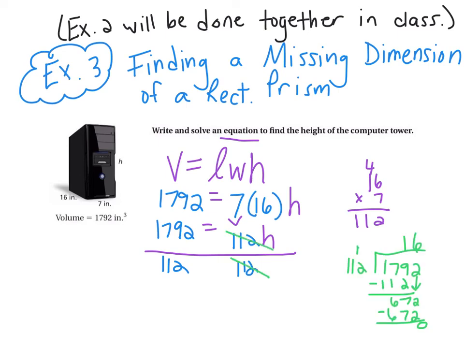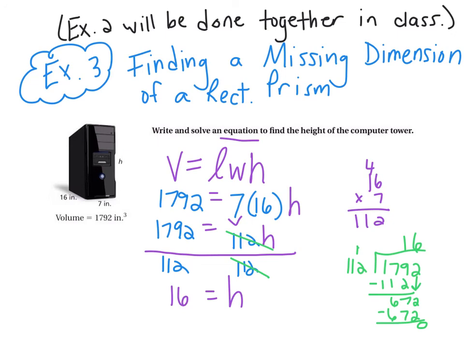So we would notice that the 112h divided by 112 cancel those out and leaves us with just h down here. And then I set up the side math over here. So 1,792 divided by 112 will come out to 16. And so that would mean 16 would be equal to h.